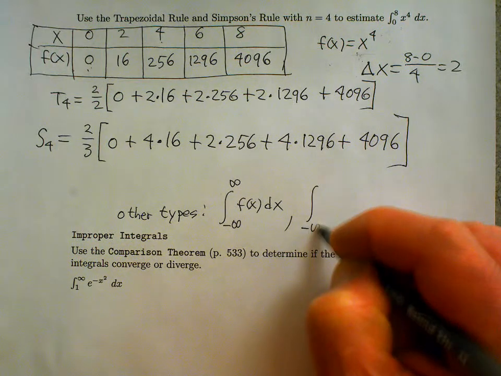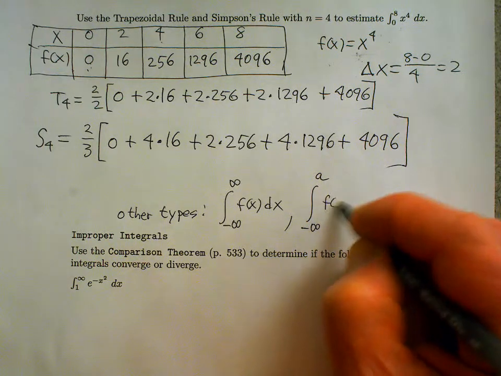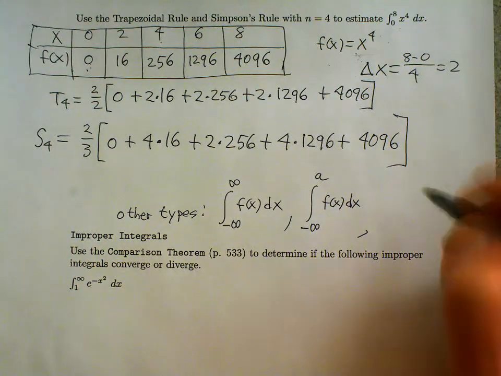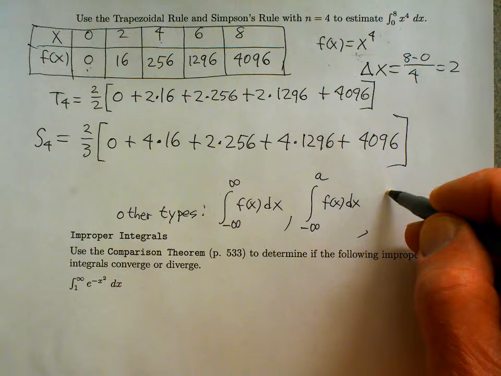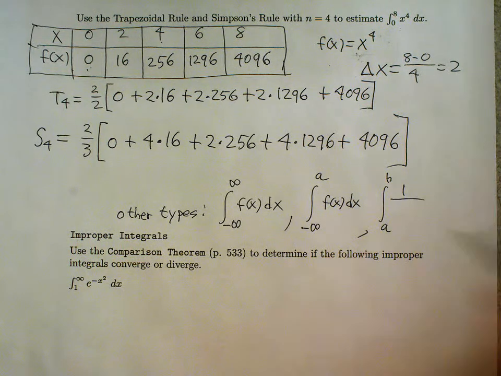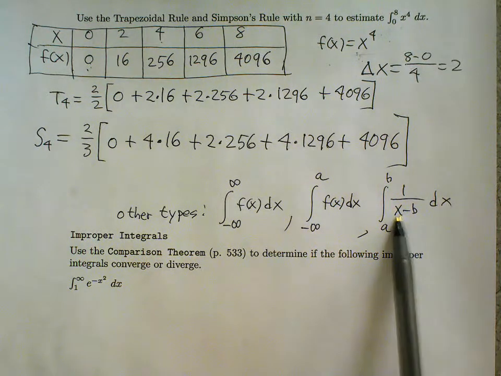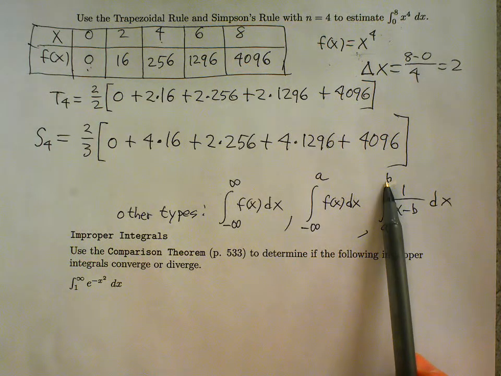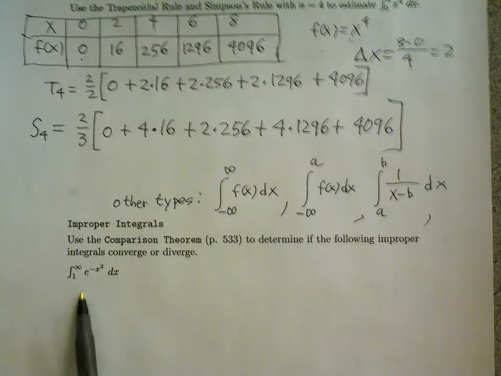Or from negative infinity to a finite number, whatever that finite number is. Let's see, you could have something from a to b, and if you have a factor in the denominator of x minus b, then this is improper because the integrand is undefined when x is b, and so on. But let's look at this one.